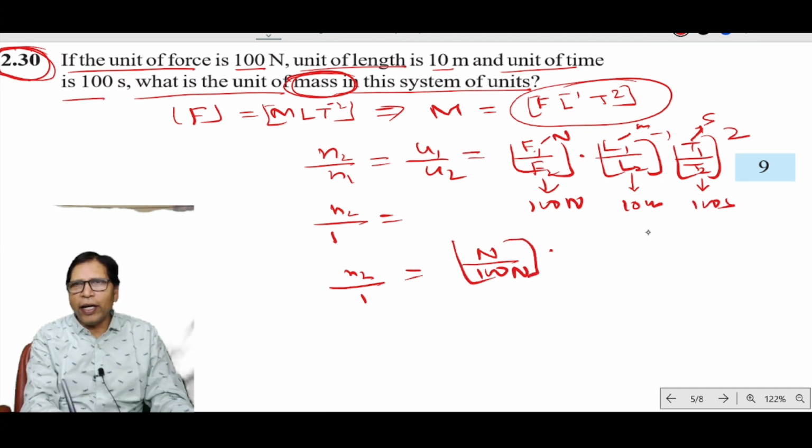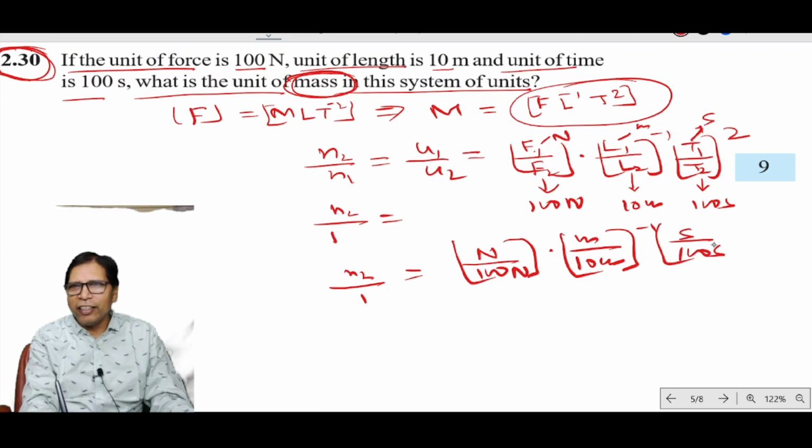meter divided by 10 meter to the power minus 1, and second by 100 second to the power 2. Now Newton cancels out, meter cancels out, second cancels out.